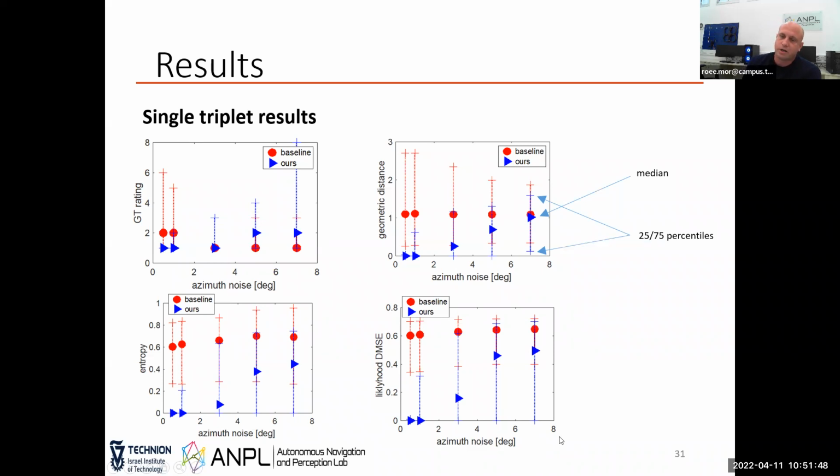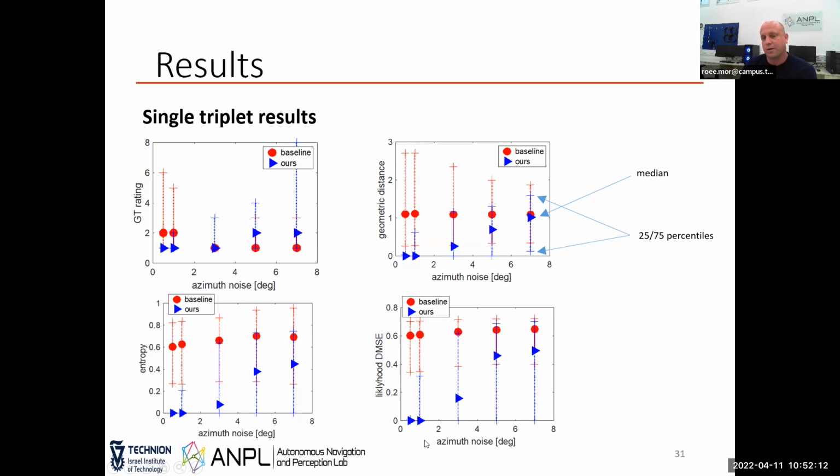In our simulation, we use many scenarios, about 10,000 scenarios, and we use a different azimuth measurement noise in each scenario. Then we look at the probability error. The y-axis is the error.